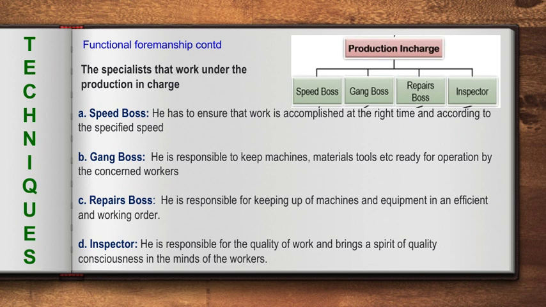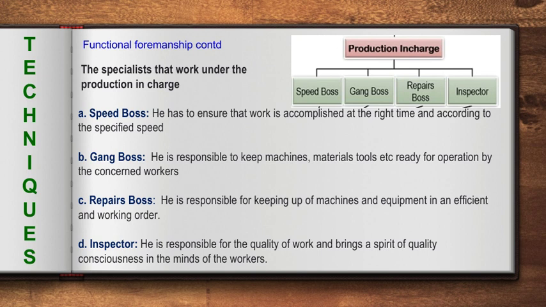The next one is the repairs boss. He is in charge of making sure that all the machines and tools are in good working condition. If any machine or tool needs to be repaired, the repairs boss sees that it is done. Therefore, he is known as the repairs boss, as he is in charge of keeping all tools in good working condition.